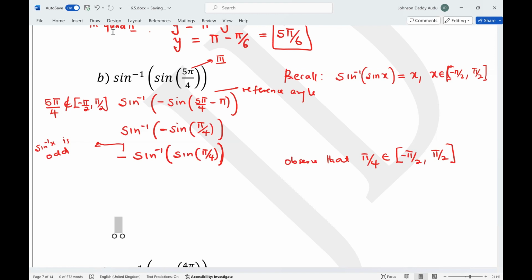Because if you have pi over 4, this is minus pi over 2, this is pi over 2, so pi over 4 is going to be somewhere here. So it means we can use this property. So this is just going to be minus, the whole of this will just give us x. So this is minus pi over 4. And we're done.